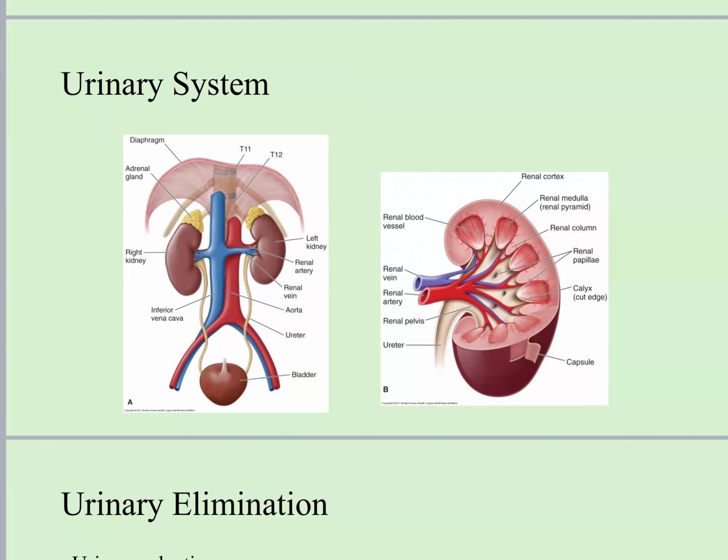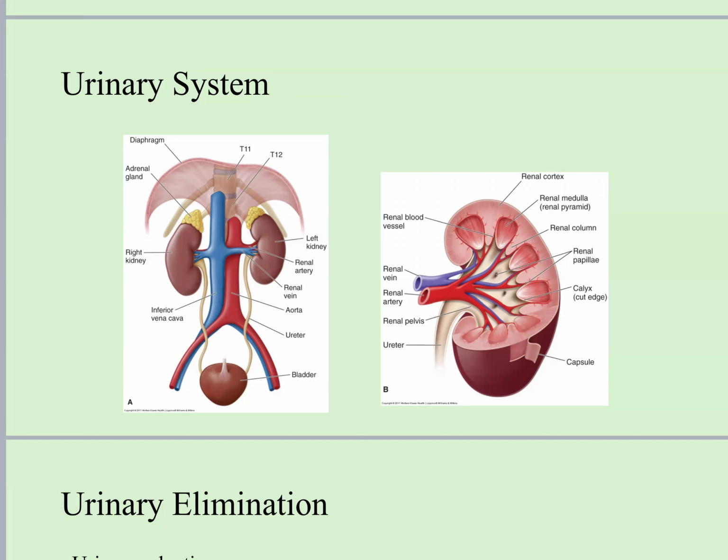The renal pyramids are the cone-shaped section within the medulla, and the renal papilla, or papillae, whatever you want to call it, that is where urine is drained into the minor calyces. And I don't know if I'm saying that word correctly, but calyces, or you can see on the diagram referring to that cut edge, calx.